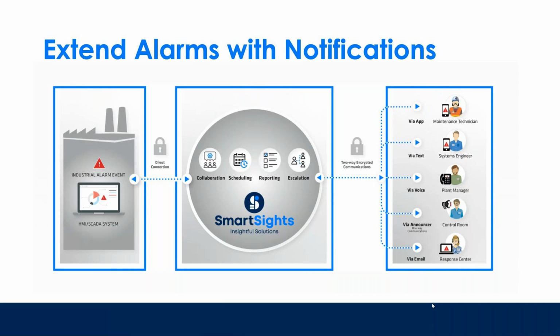And we monitor alarms, we manage those, and then based on profiles and delivery parameters that are generated by the users, we then send those messages out in an encrypted format, either via an app, text message, voice. We can actually get over a PA system if you want, or email to an individual or a group or groups of individuals, and at a frequency determined by you.